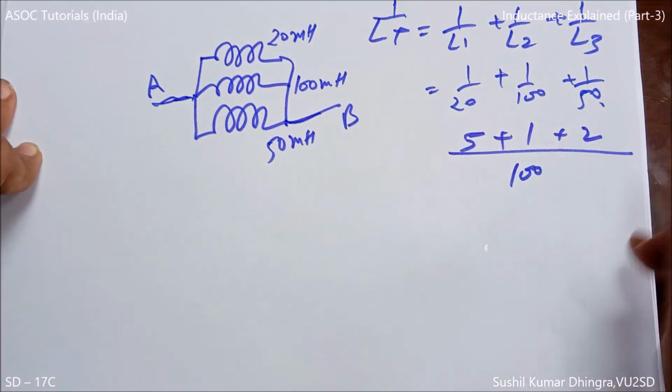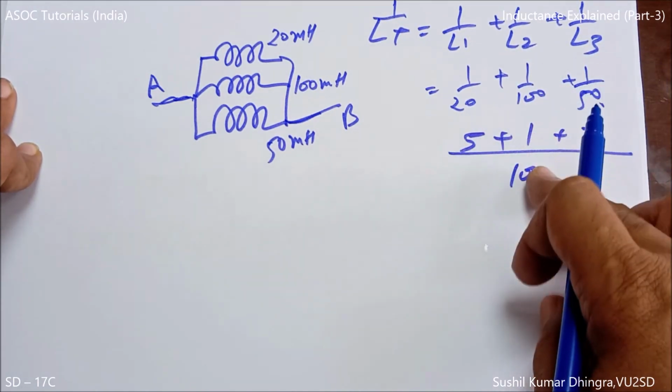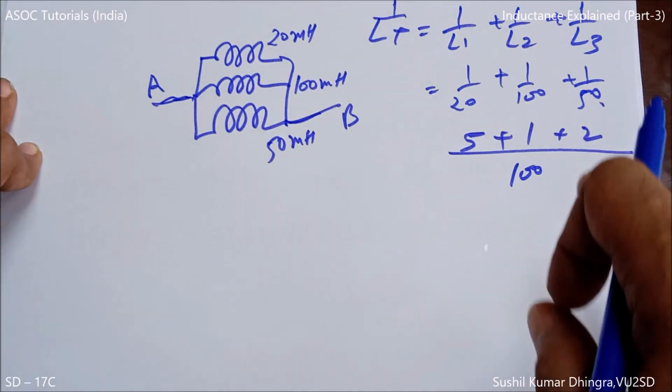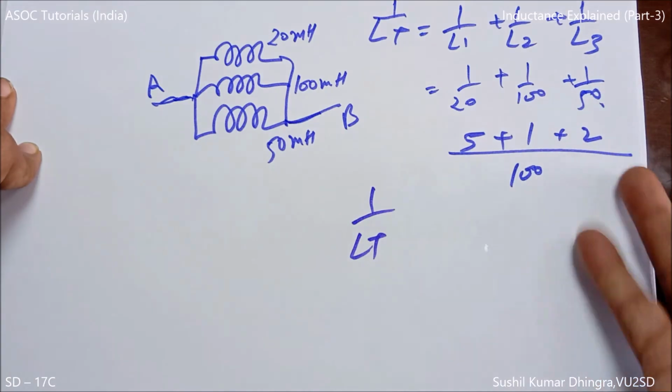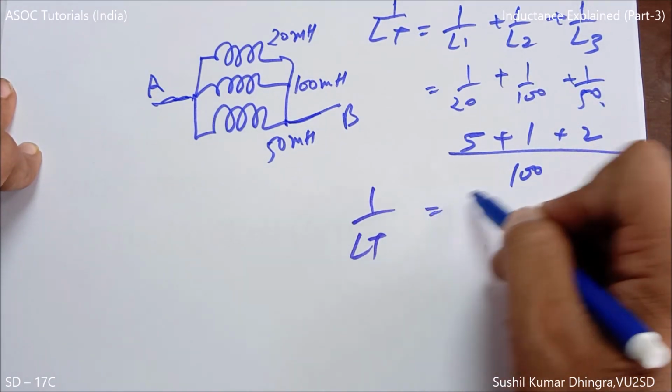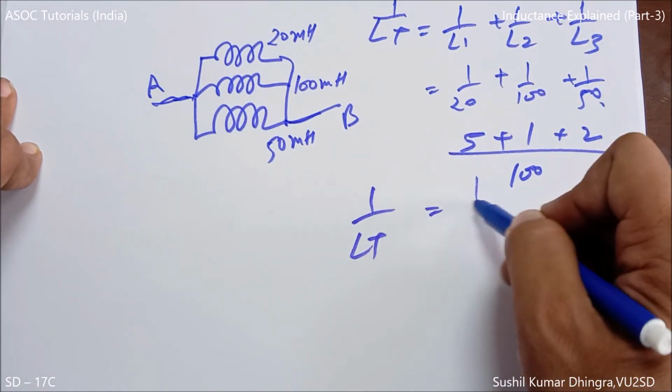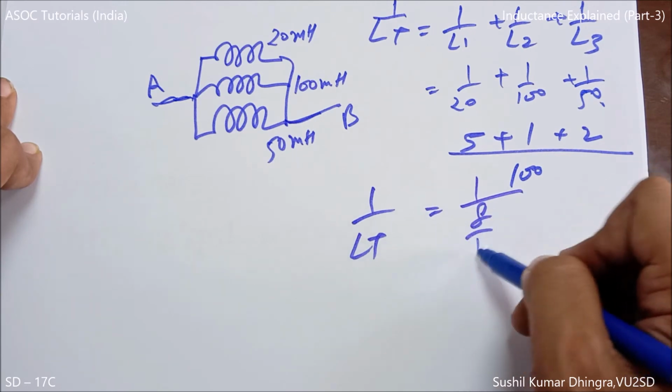Now if you see carefully, 5 plus 2 plus 1 is 8, so 1 by LT is 8 by 100.